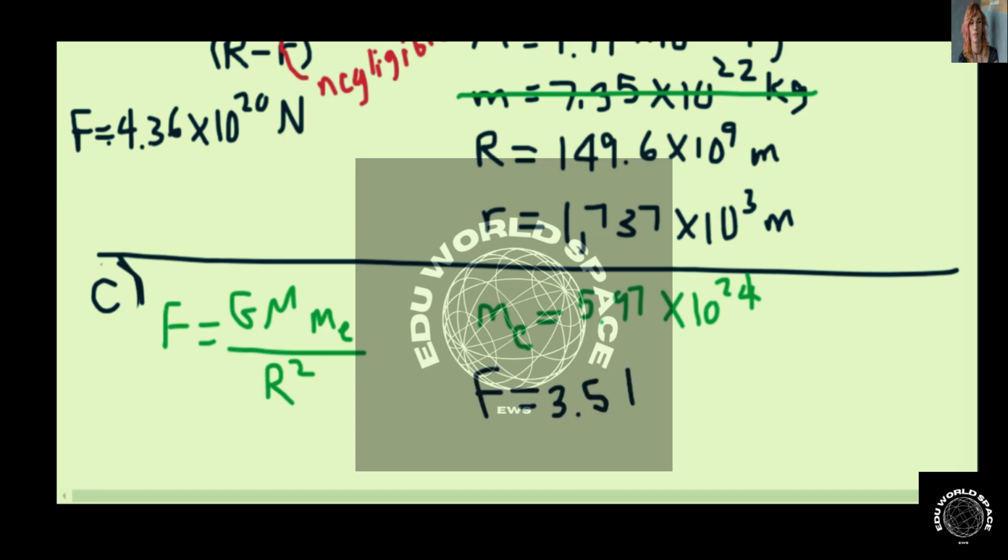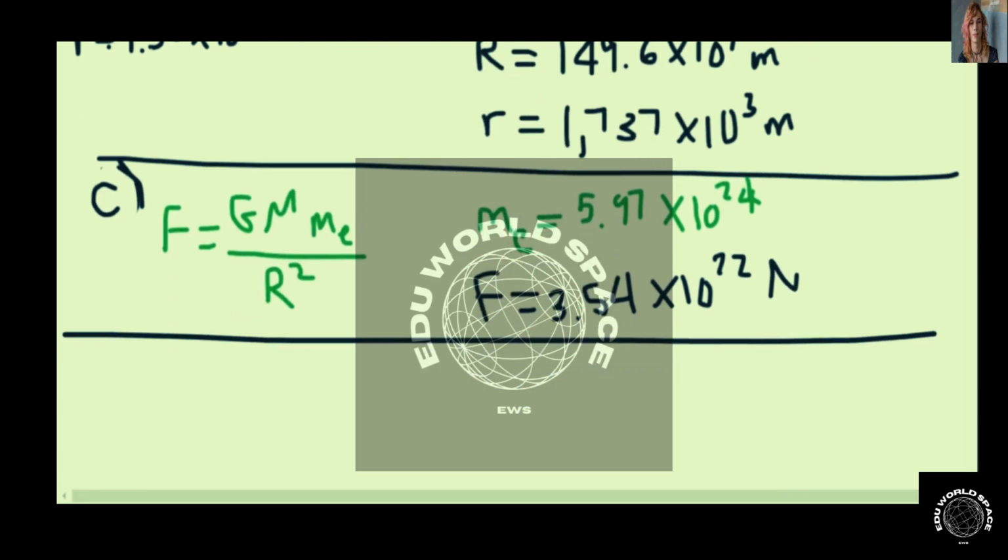Oh, looks like I actually just solved C. I was getting ahead of myself, apparently. So this is actually C, the force of the sun on the Earth. And I did get an answer of 3.54 times 10 to the 22nd power newtons.